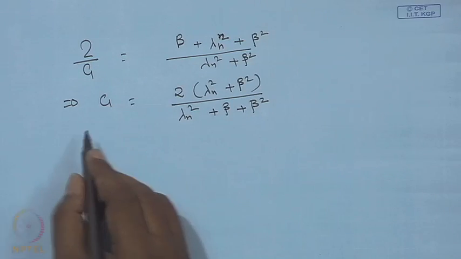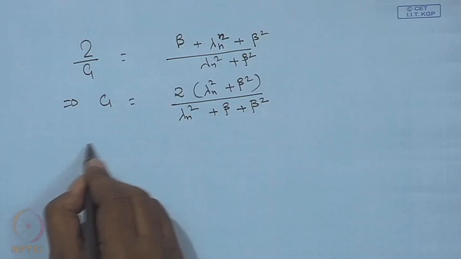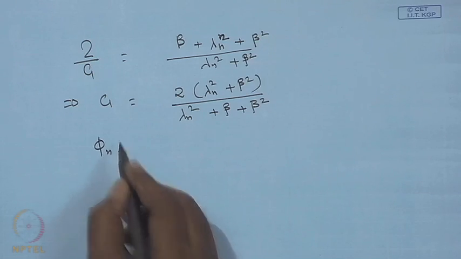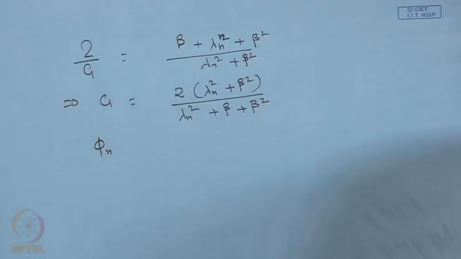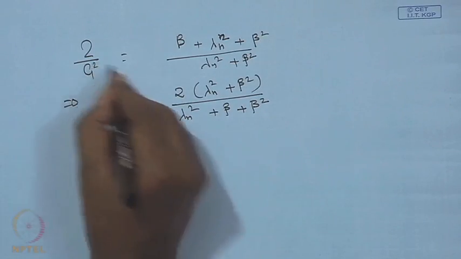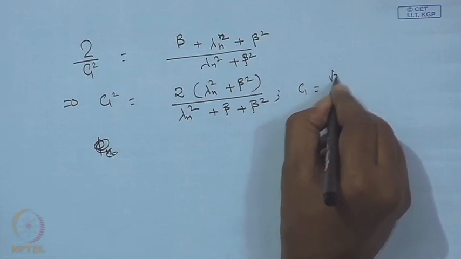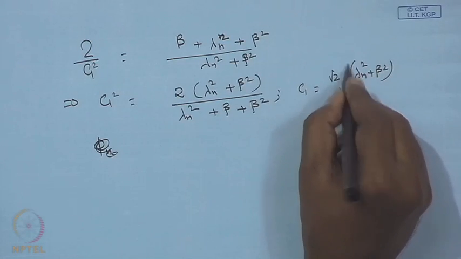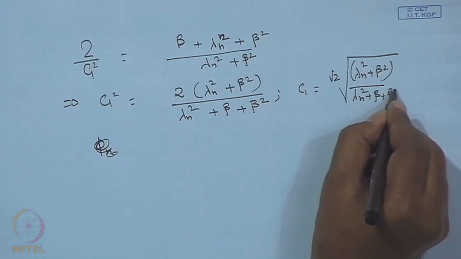So, therefore, the eigenfunction becomes quite straightforward. The eigenfunctions, okay. So, since it was C1 square by 2, this will be 2 by C1 square. So, C1 square will be there. So, you will be getting C1 as root over 2 lambda n square plus beta square, under root, divided by lambda n square plus beta square.